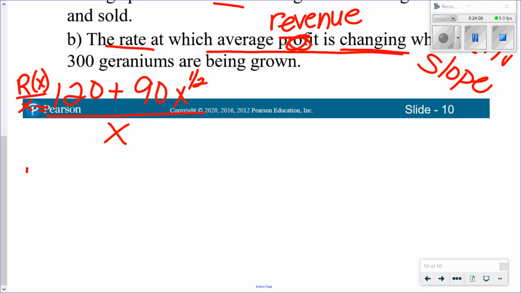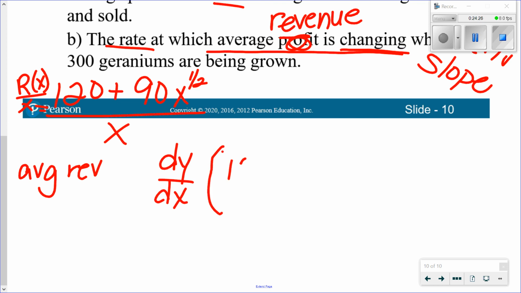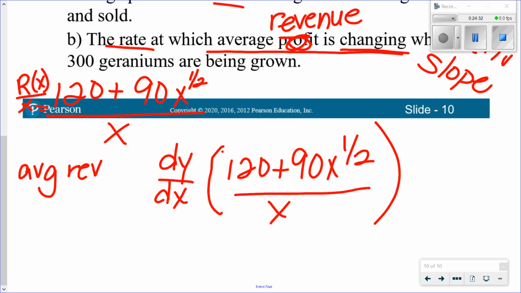So we want the derivative of this average revenue. So dy dx of 120 plus 90 x to the 1/2 divided by x.